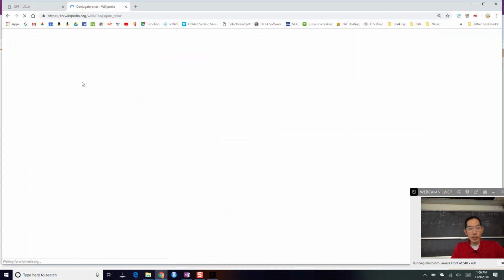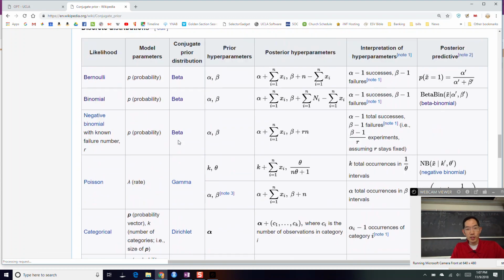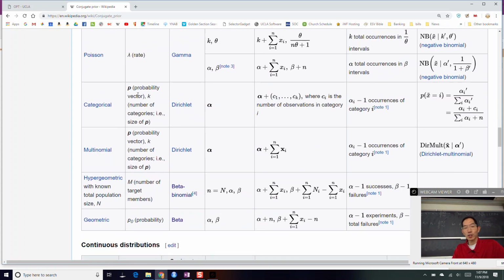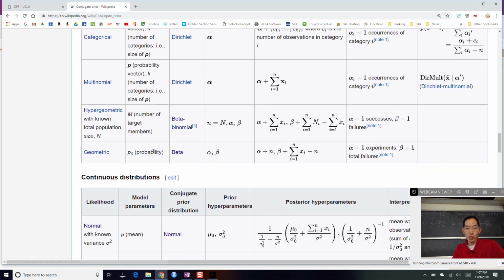And there will be a table of conjugate priors, listing off, so here, if the likelihood is binomial, then the conjugate prior is a beta. If the likelihood is Poisson, then the conjugate prior is gamma. If the likelihood is multinomial, the conjugate prior is Dirichlet.